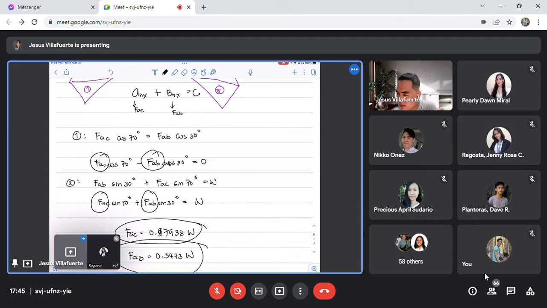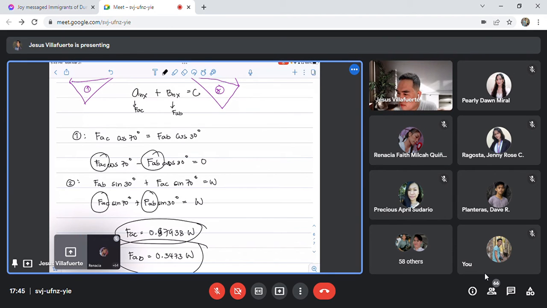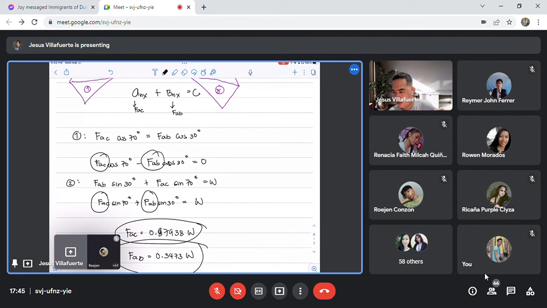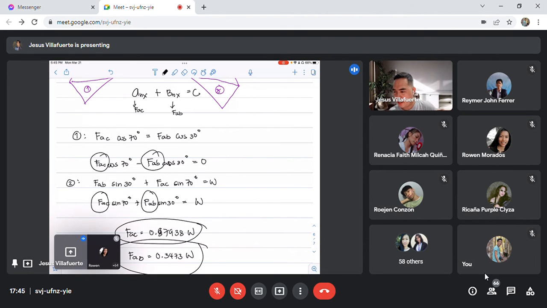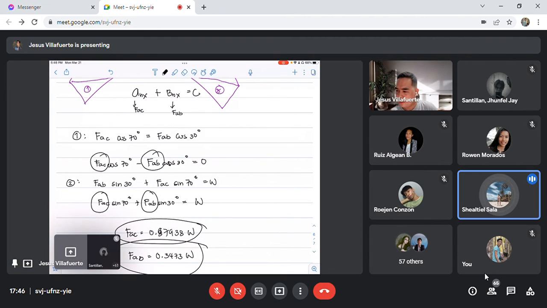Renasha Faith Milka, present, sir. Raymer Ferrer, present, sir. Ricania Purple, present, sir. Rogen Conzon, present, sir. Rowan Morados, present, sir. Ruiz Aljim, present, sir. Santillan John Fell, present. Shiltil Sala, is it Shiltil? Yes, sir. Sala, present, sir.